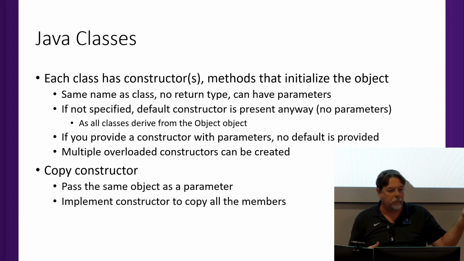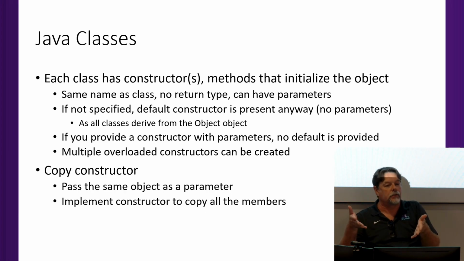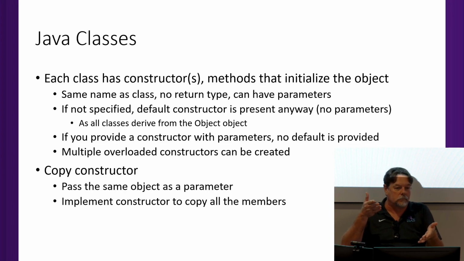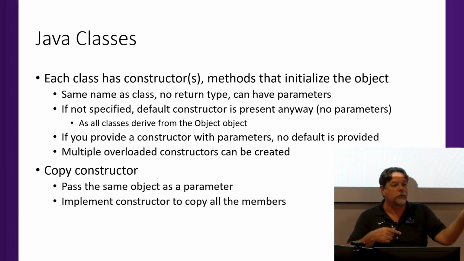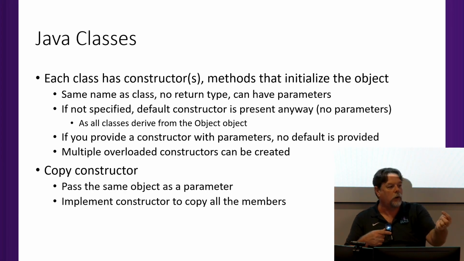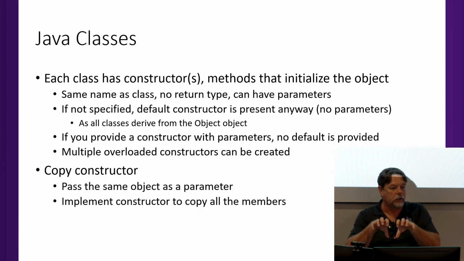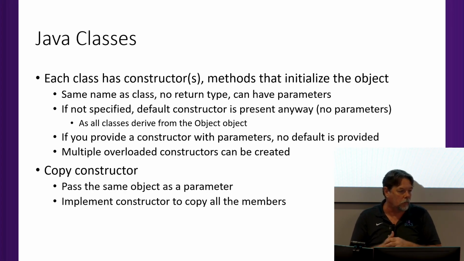If there's a first name, last name, phone number property that your class has defined, and you create a copy constructor, then you need to copy the first name field, the last name field, and the phone number field to your variables to make sure that your copy has all the data from the other copy.